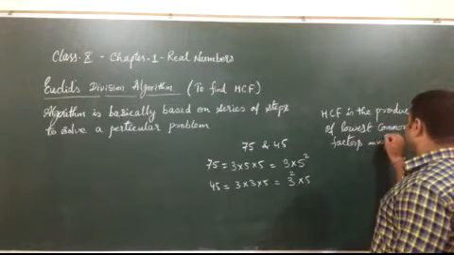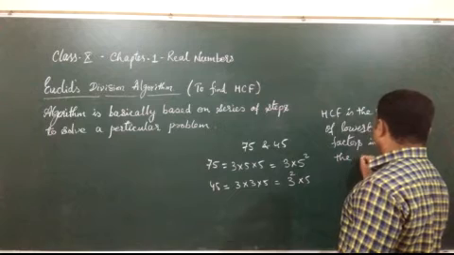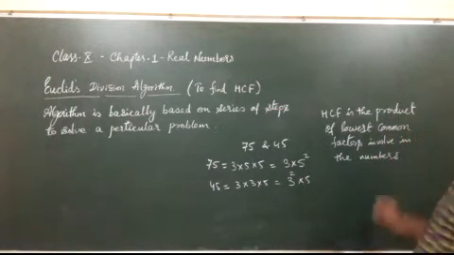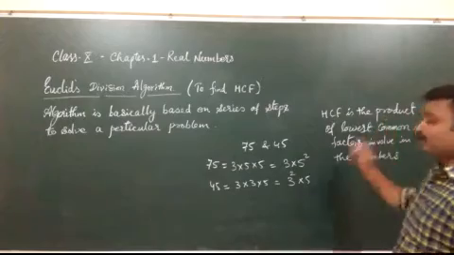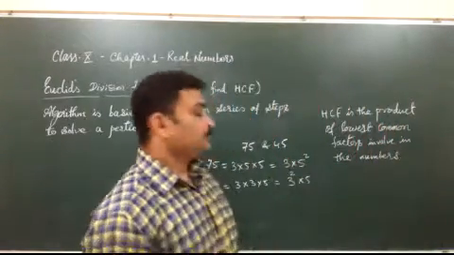So HCF is the product of the lowest common factors involved in the numbers.